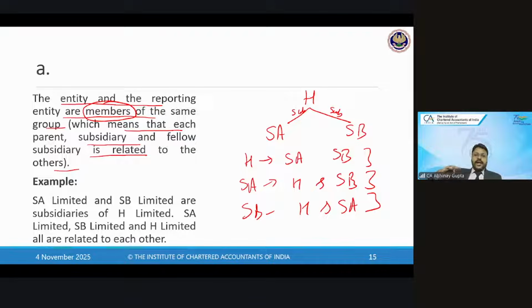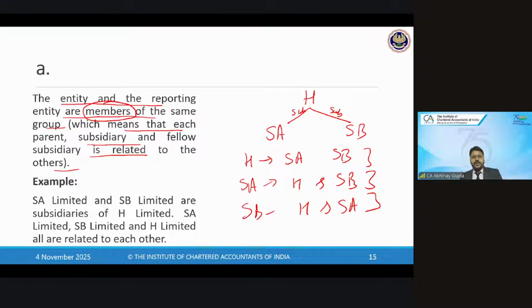Within this group, SA and SB are fellow subsidiaries, or members of the same group, yes or no? Yes, sir. So that's why the clause is very clearly calling them related. So this clause is saying SA, SB and H are related to each other. Clear? Clear, sir.